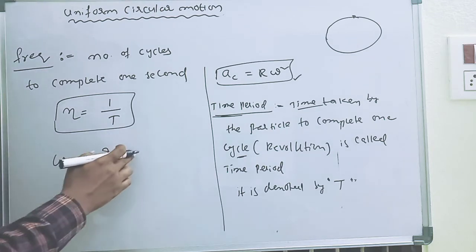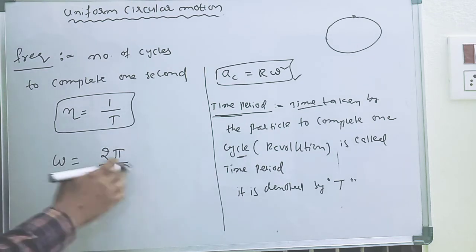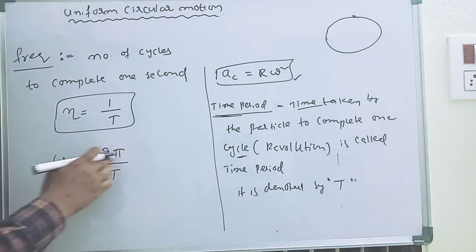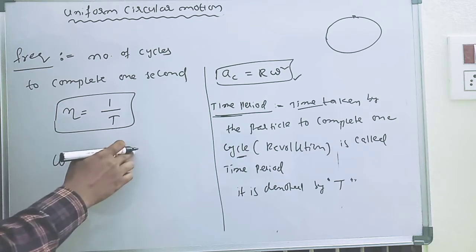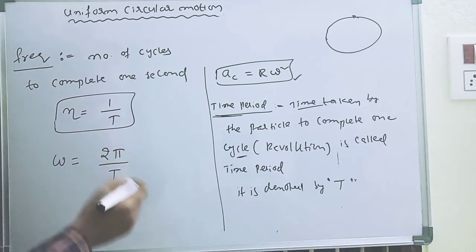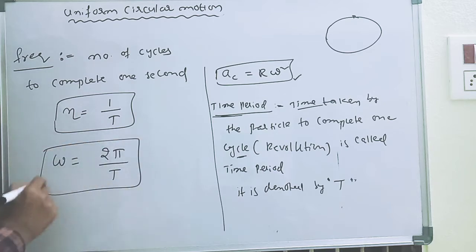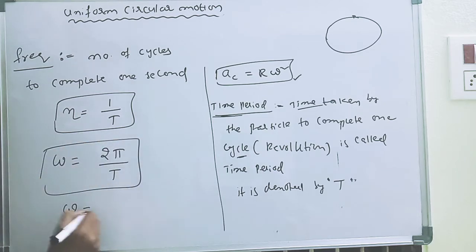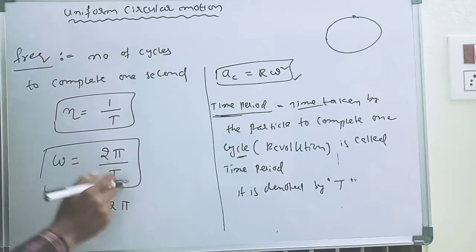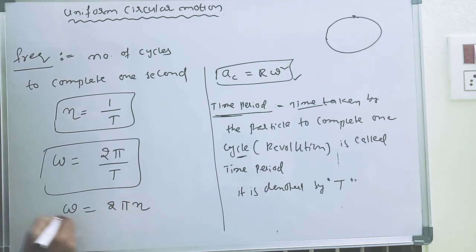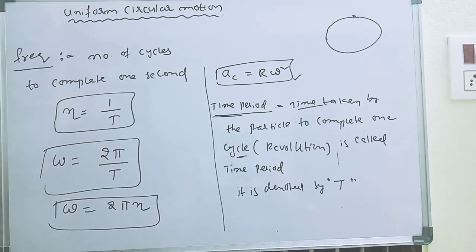Angular velocity is equal to angular displacement by time, so omega is equal to 2 pi by T, where T is the time period. So omega is equal to 2 pi by T, which is important. And here omega is also equal to 2 pi into n, because 1 by T is nothing but n. So omega is 2 pi into frequency. Remember these formulas also.